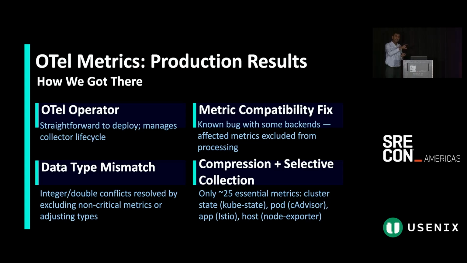When it goes to the backend, it looks for the existing metrics, and if there is a conflict, meaning we are collecting similar metrics in Prometheus also, and we wanted to use the same backend data source, then when OTel tries to collect them, there are a few metrics which Prometheus is collecting and storing as an integer type, and the same metrics OTel also tries to collect and add to the same backend, and it conflicts. So that was the problem.